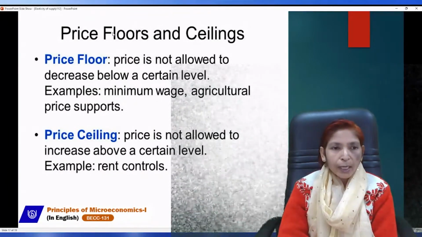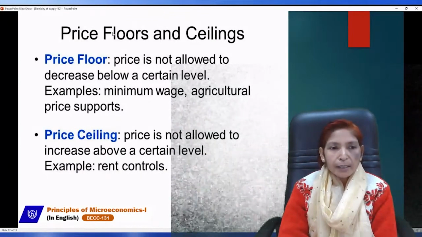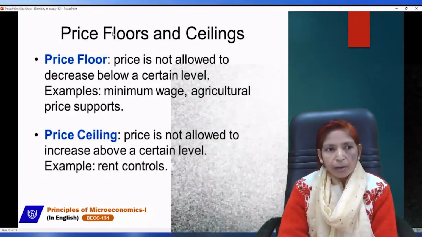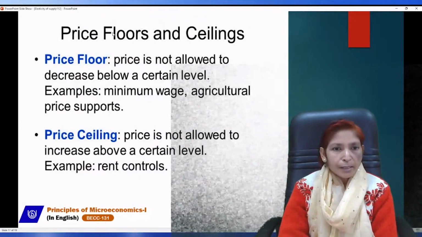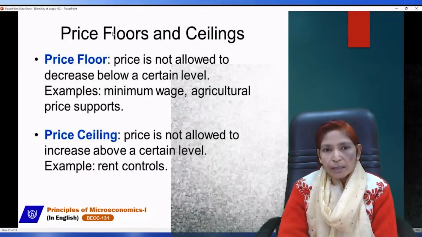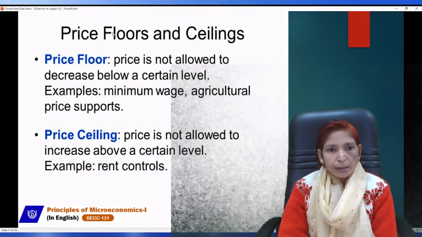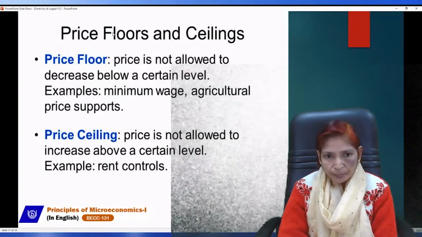Price floor is known as minimum price legislation. Minimum price or price floor, both are the same. When price is not allowed to decrease below a certain level, then it is called price floor.